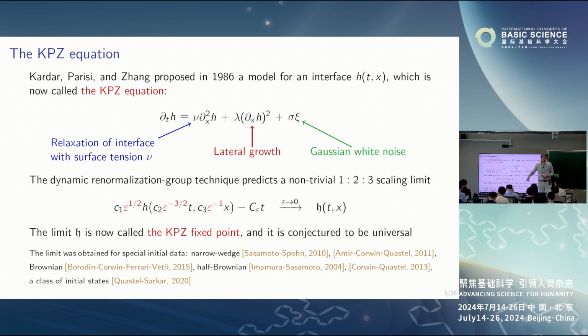And the nonlinear term describes the slope-dependent growth of the interface. The slope of the interface is determined by the derivative of the height function, and the simplest non-trivial nonlinearity depending on the slope is given by the derivative of h squared.